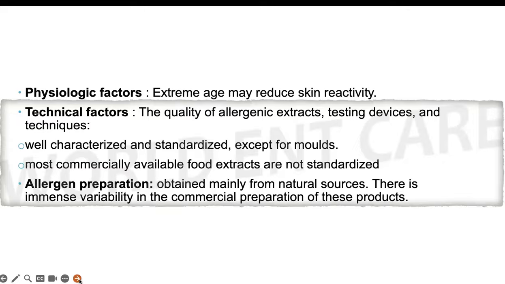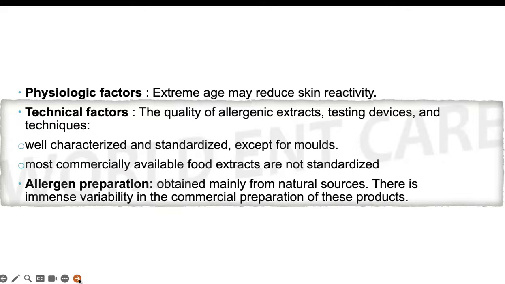The major inhalant allergens are well characterized and standardized, except for molds. Now, although extracts of milk, eggs, peanuts, soy, fish, shellfish, and tree nuts are reliable, most commercially available food extracts are not standardized, for example, commercial extracts of fruits and vegetables.